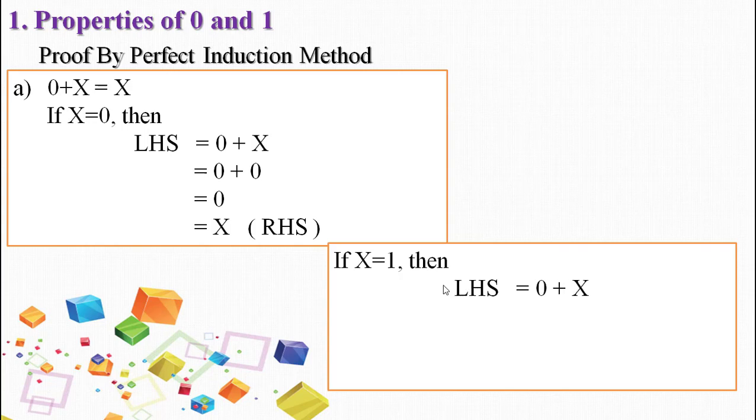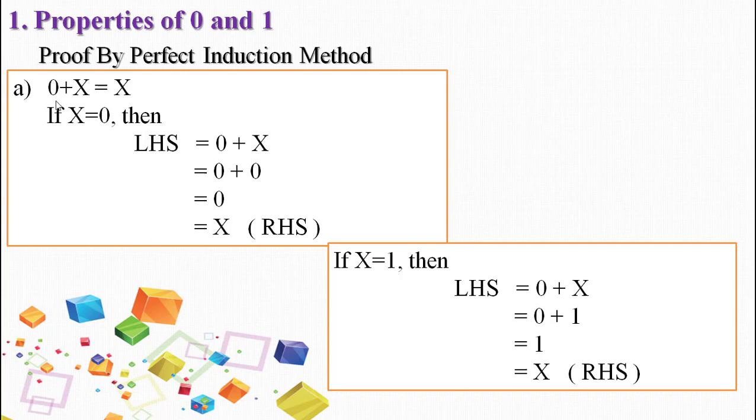When we substitute x equal to 1, the LHS value is 0 plus x, substitute the value of x, 0 plus 1, which is equal to 1, as you already know. So that is nothing but the value of x, what we have taken over here, that is nothing but the RHS. So this is how we will be proving.